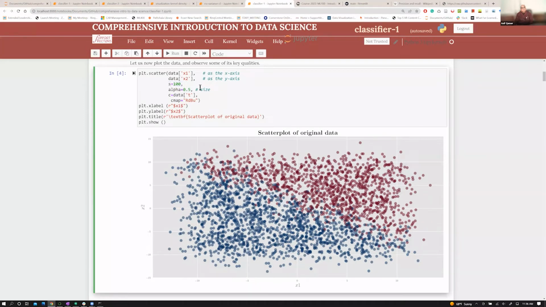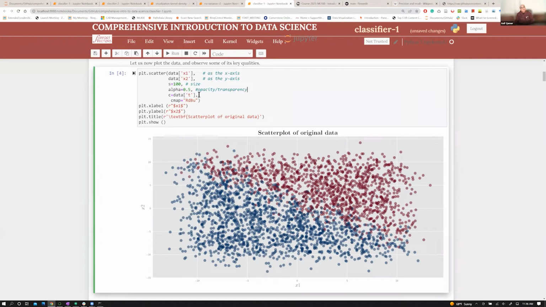S is for size. Alpha is for, what in the world is alpha for? Does somebody remember? Opacity. So this is not size actually. Let me move it here. This was size. This is opacity, or transparency, whatever you want to call it.